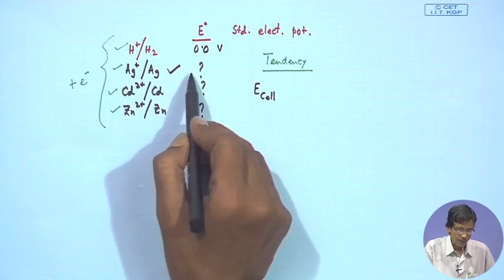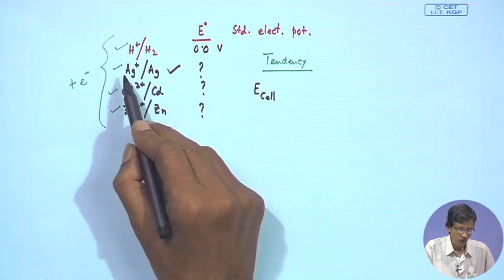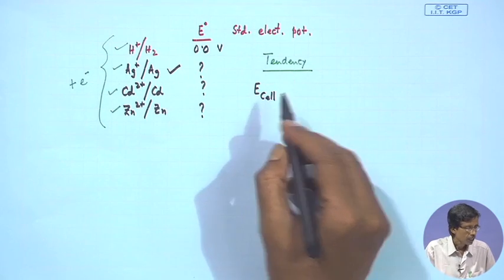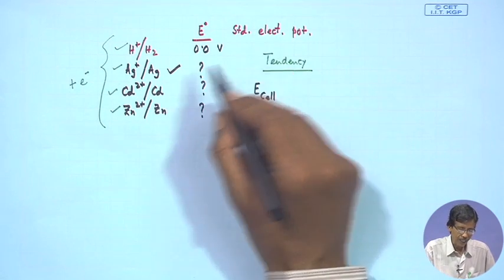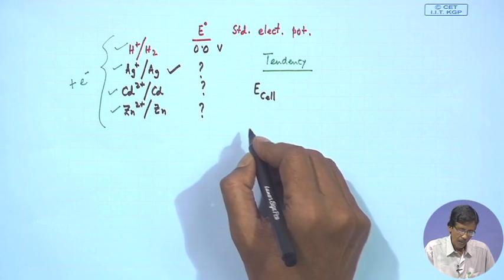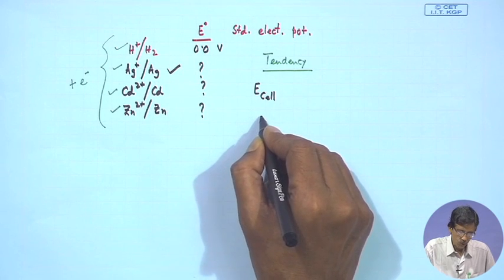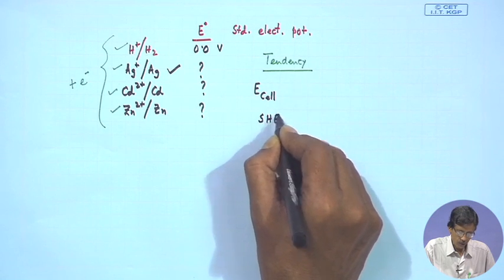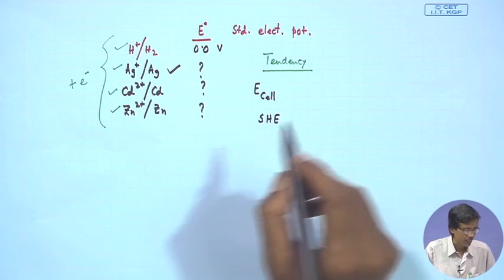So, the reduction potential for the reduction of silver ion to silver can be measured if we consider the standard electrode potential for this, and by definition we use the standard hydrogen electrode, not the normal hydrogen electrode.